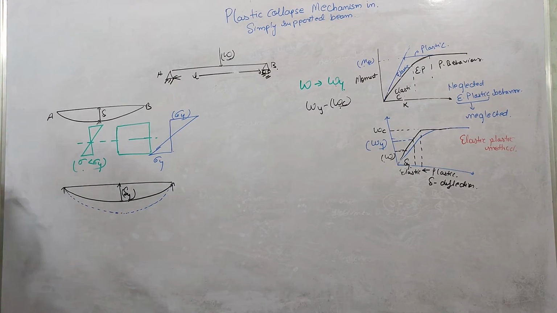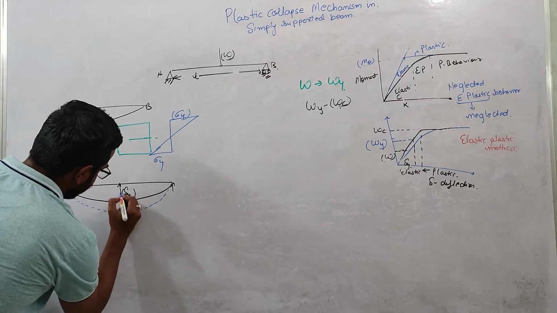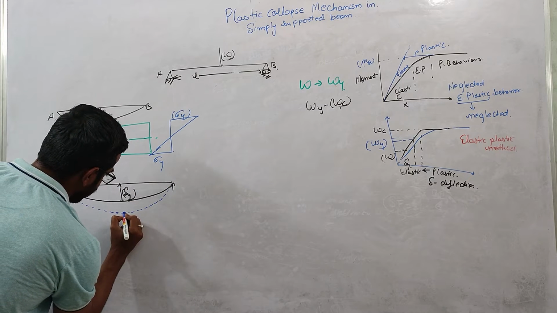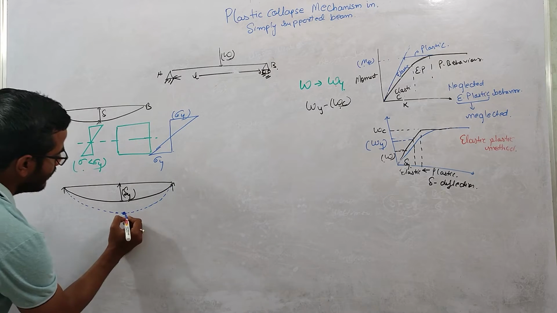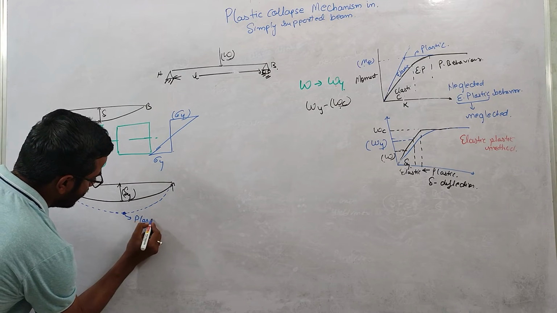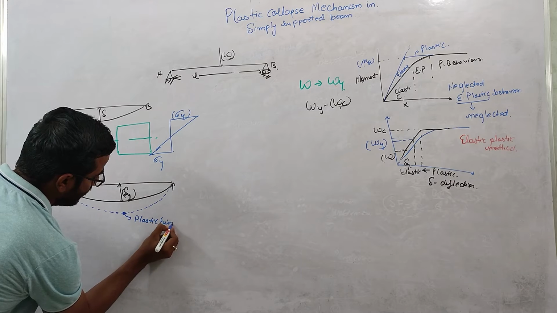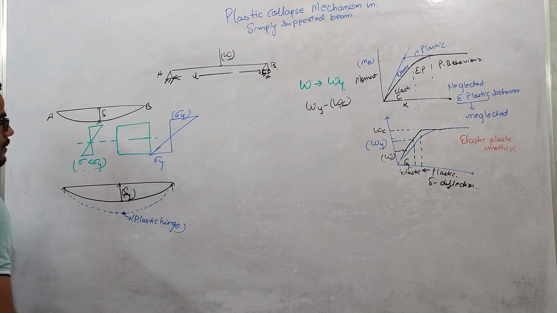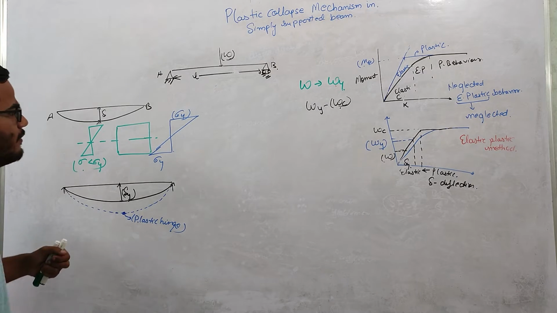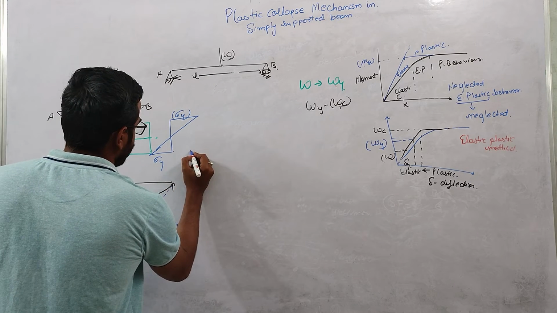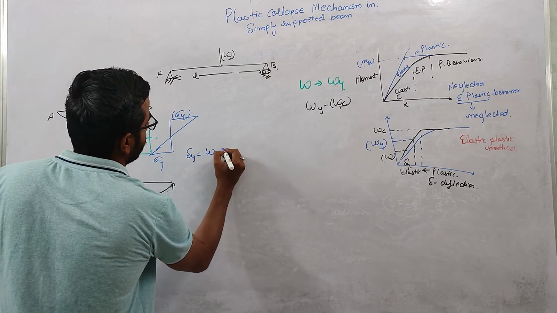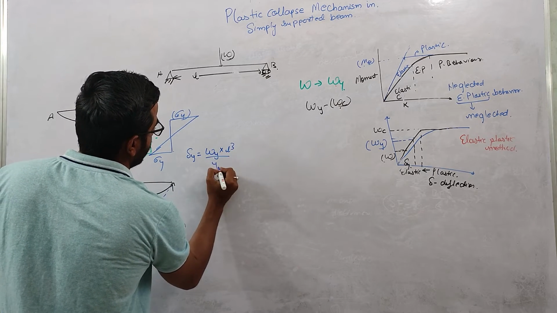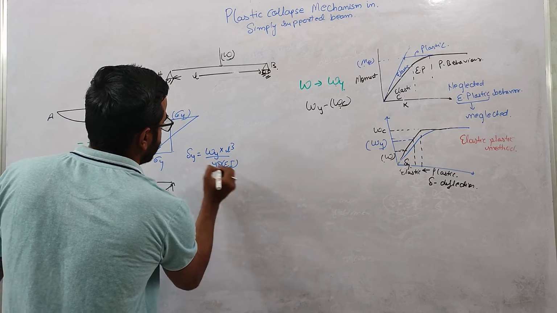At this section we will be having some hinge formation, and this is nothing but the plastic hinge. And we know that this delta y will be equal to Wy L cubed over 48 EI.